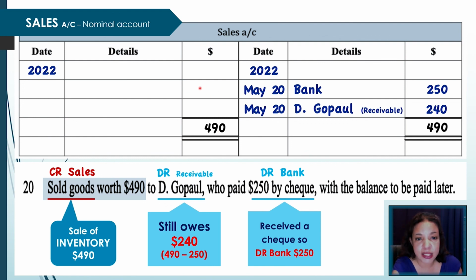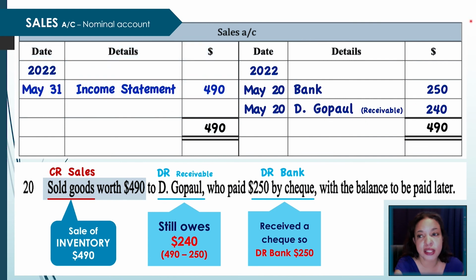And that means that on this side, your missing figure would be 490, which is May 31st, end of the period, not balance, income statement, because it's a nominal account, 490. And that's it, no going down below and doing anything. And this is what your sales account is supposed to look like after you have done your transactions and closed off the account.